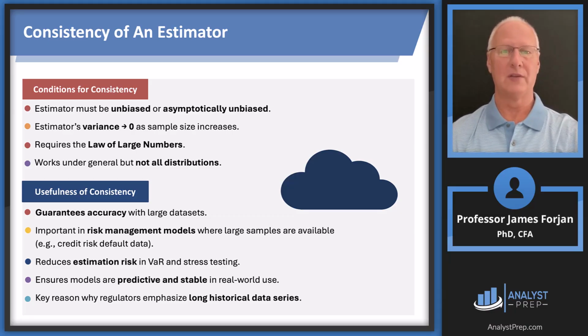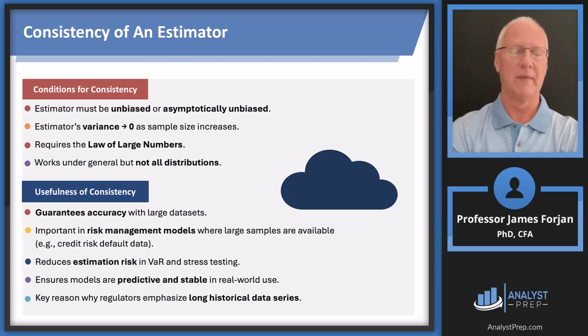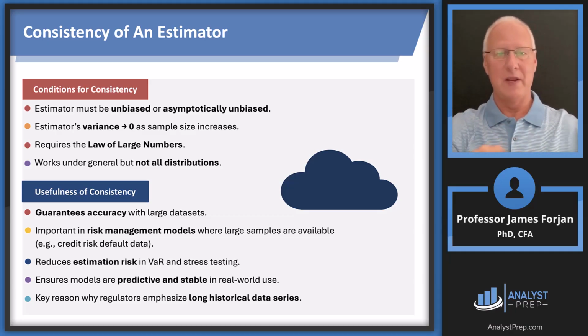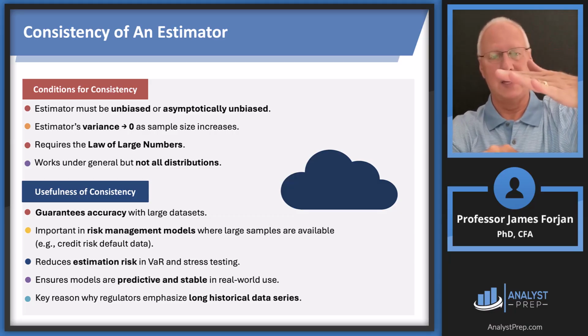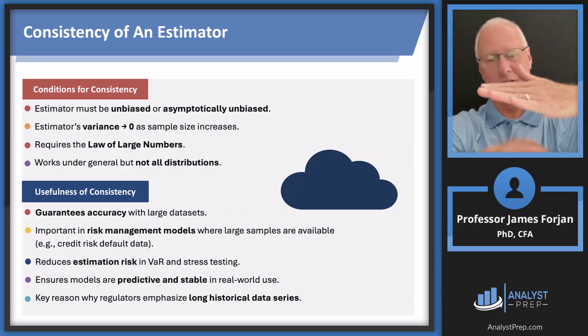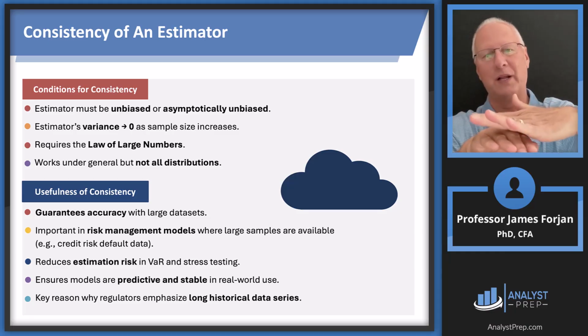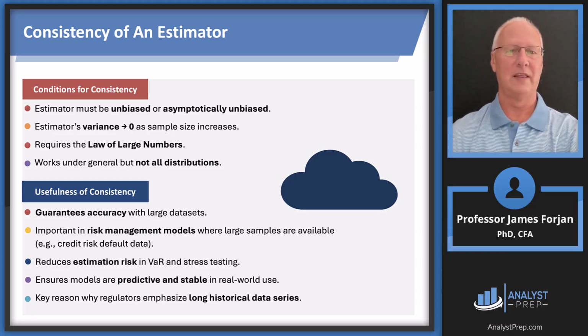Yes, it must be unbiased or asymptotically unbiased. So that word asymptotically, that's a calculus word. It's an econometrics word as well, is that, if you picture some kind of a nonlinear relationship, and then you draw a line, and that line gets closer and closer and closer to the curve. Here's the curve. As soon as it gets pretty close, there you have the asymptote.